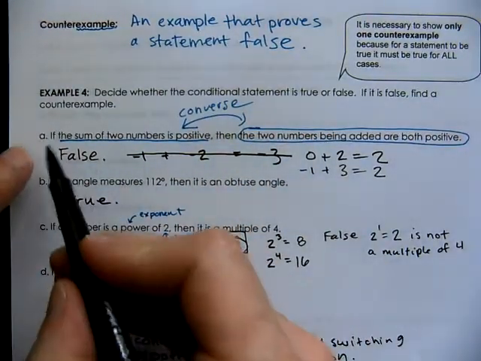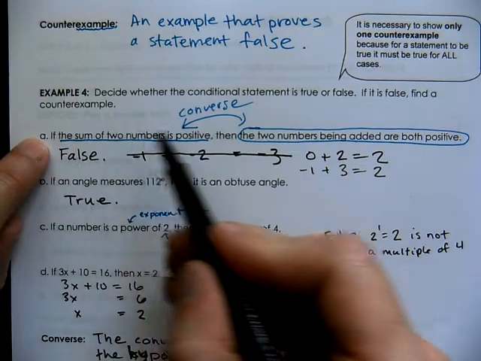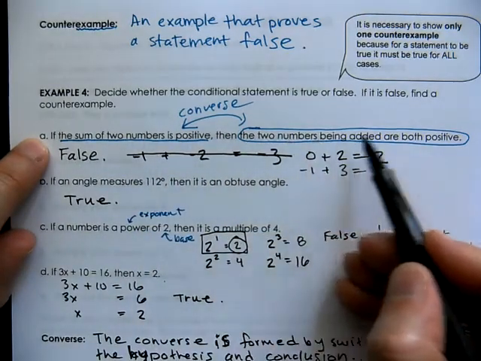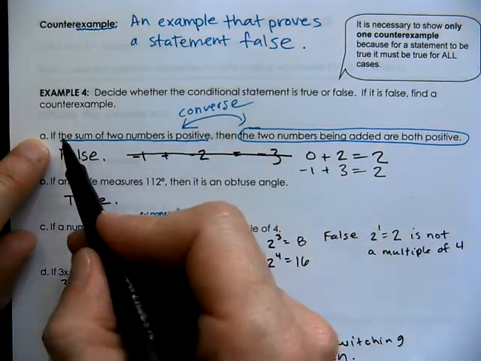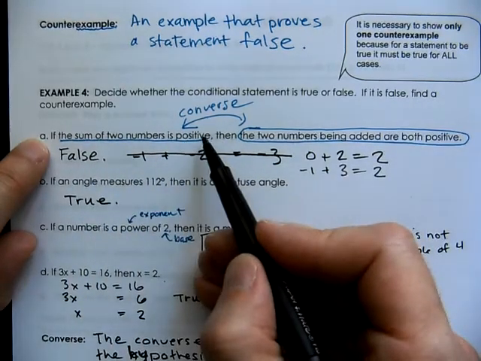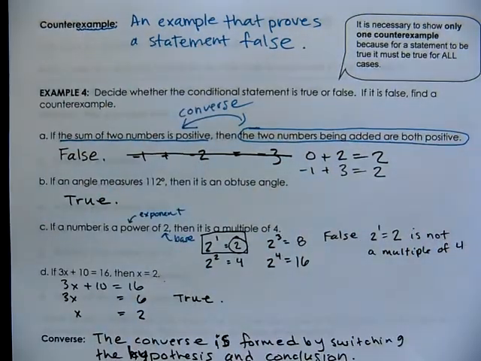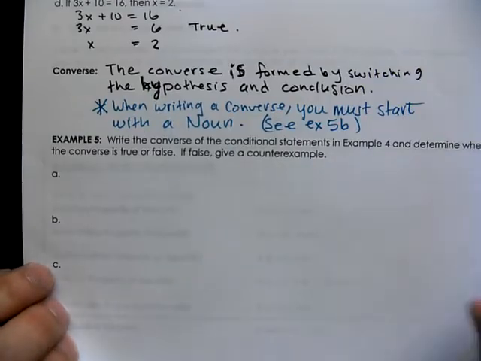So it will say if the two numbers being added are both positive, then the sum of two numbers is positive. Alright, so we're going to switch those around and jot that down here.